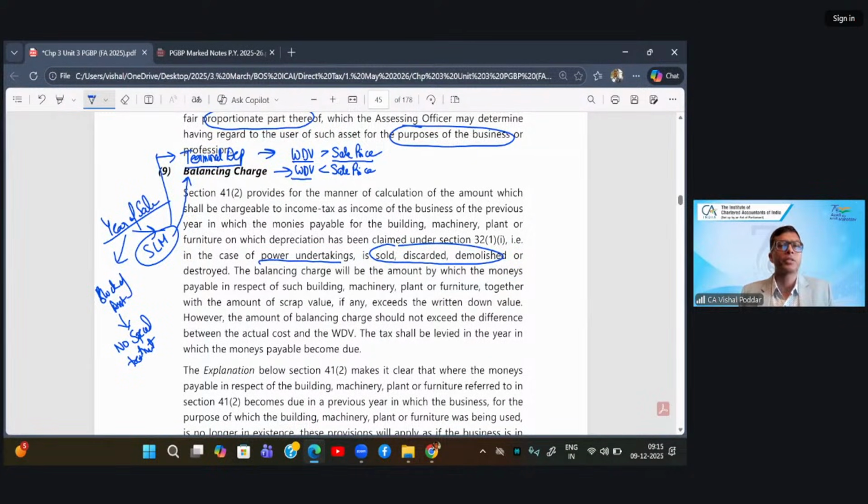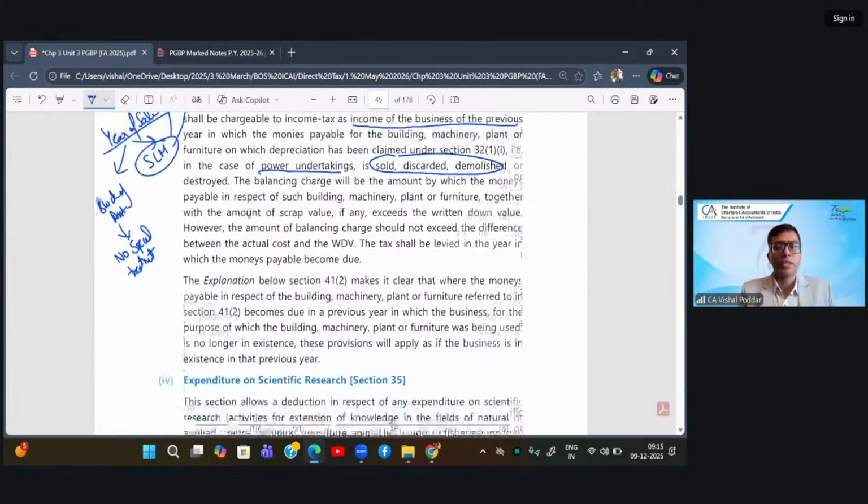If vice versa happens, WDV is less and sale price is more, in accounts you say it is profit on sale of asset. We say it is balancing charge. It means it is your income from business and profession. So this is interesting.